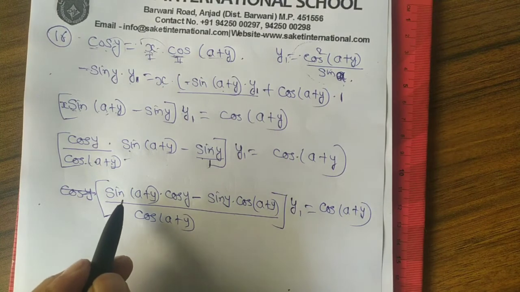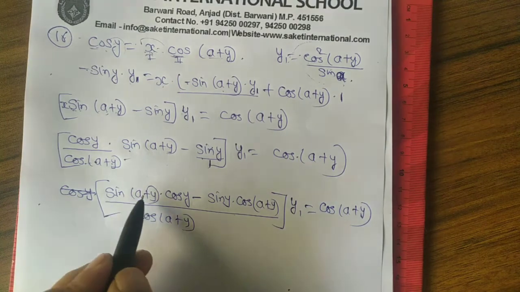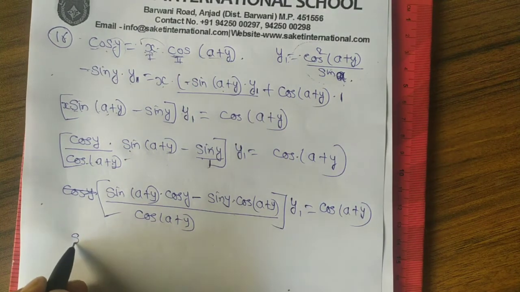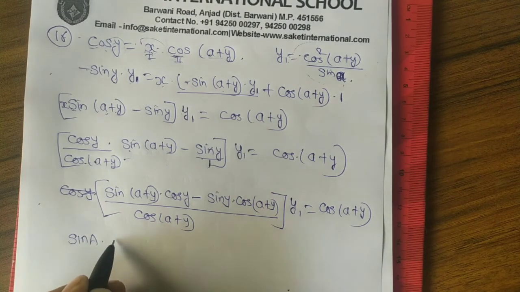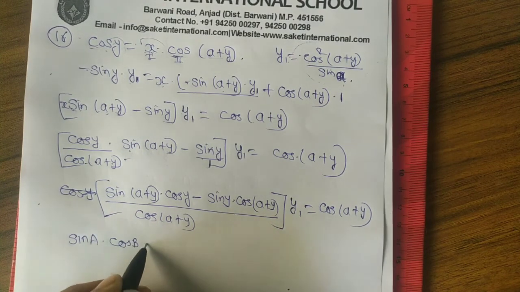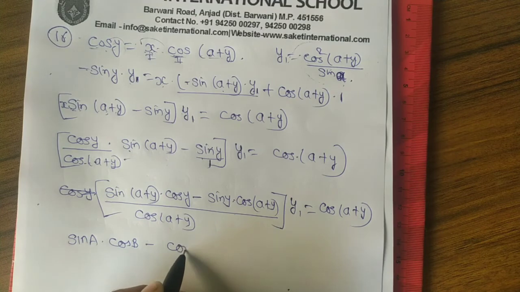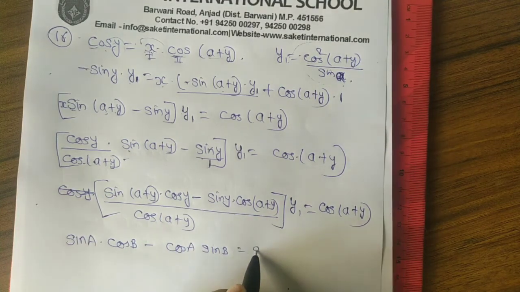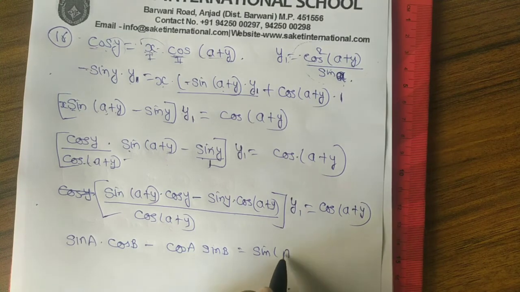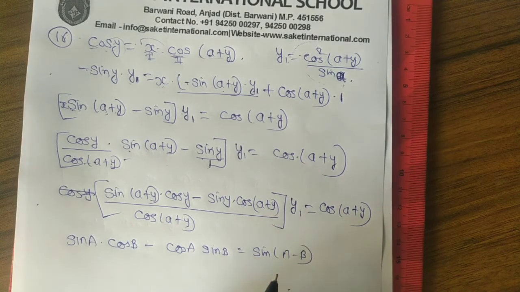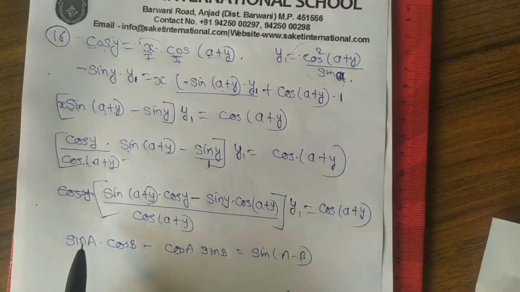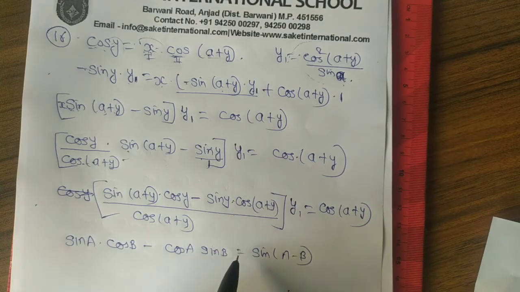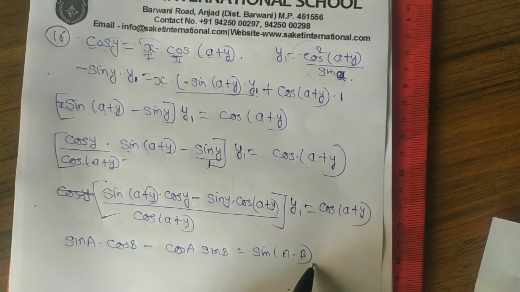So now dear students, in the lower classes, in class 11th, you have studied this formula that sin a cos b minus cos a sin b. This is the formula of sin (a minus b). So sin a cos b minus cos a sin b is equal to sin (a minus b).